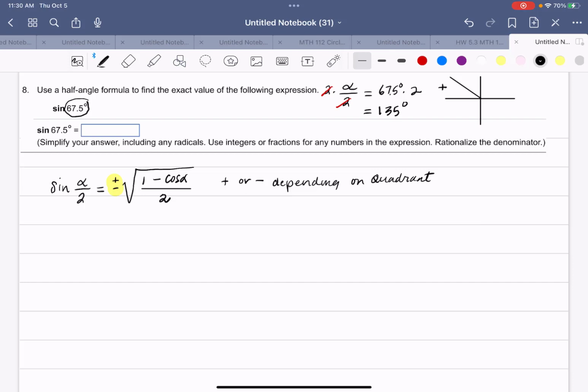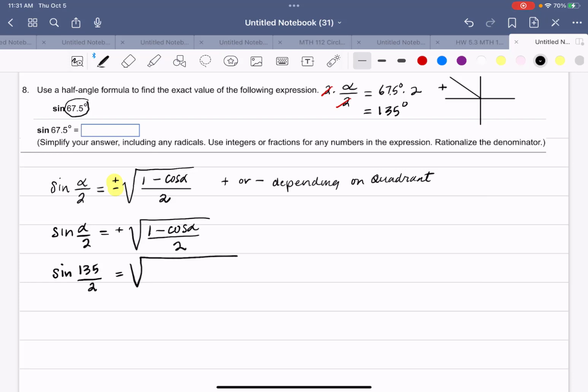So for us, our sine of alpha over 2 is going to be a positive square root of 1 minus cosine alpha, over 2. So our alpha was 135, so it is going to be the square root of 1 minus the cosine of 135 degrees, and all of that is over 2.